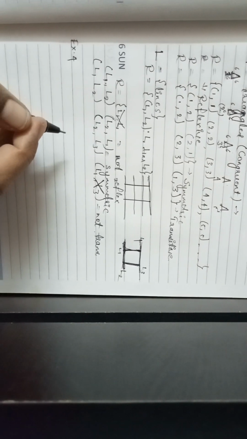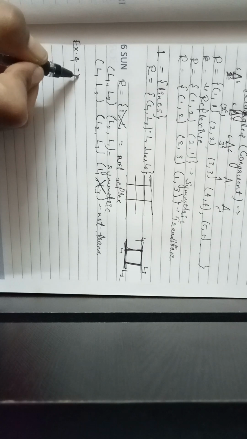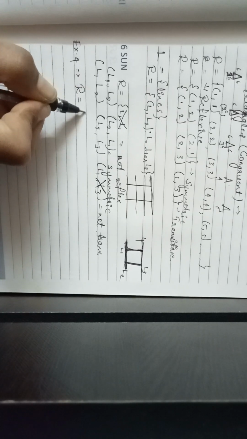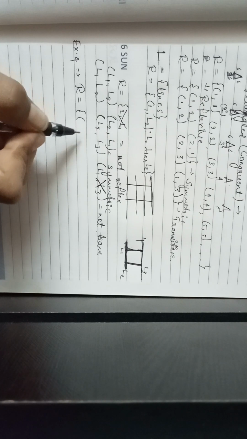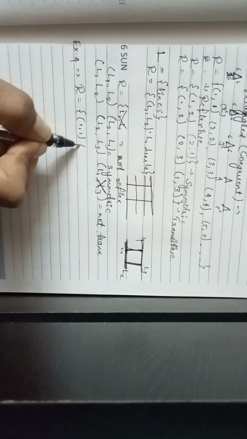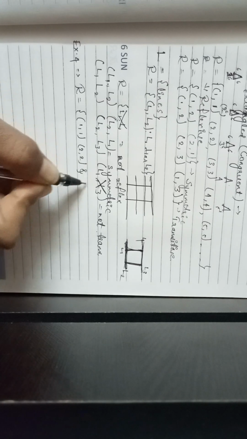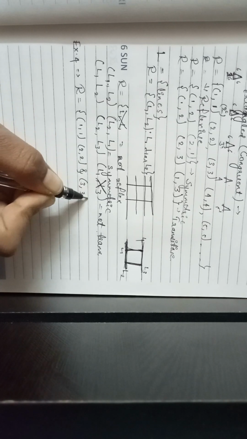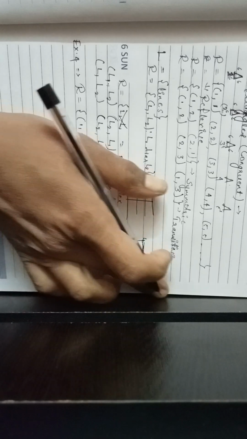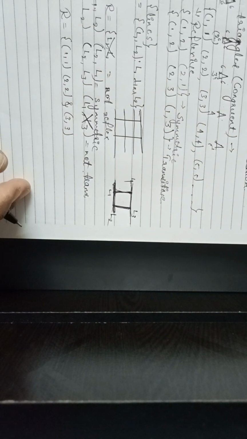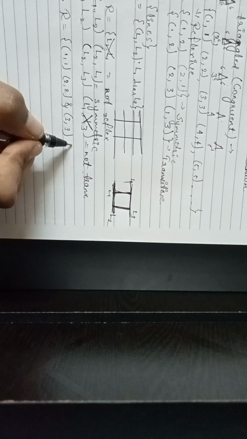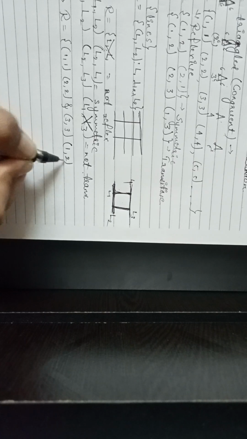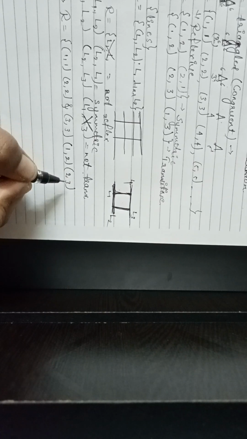So let me explain one more example. Now I will directly take one relation. R is equal to 1 comma 1, 2 comma 2 and 3 comma 3, and I'll write 1 comma 2 and 2 comma 3.